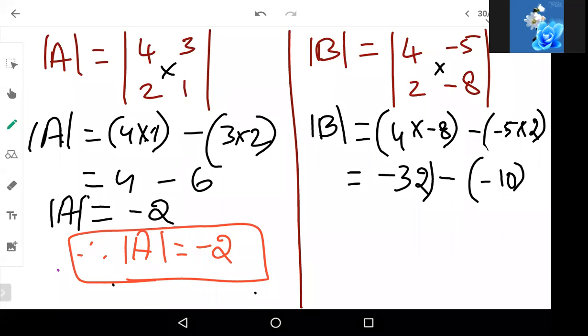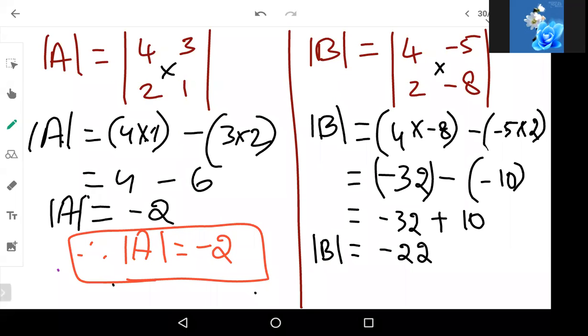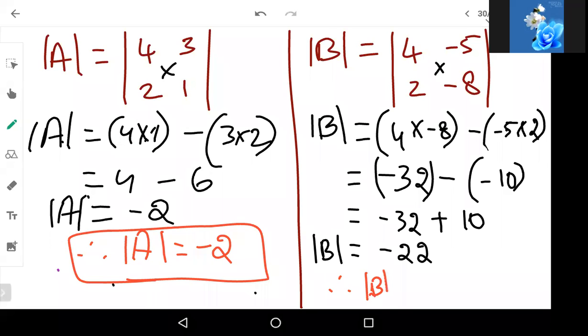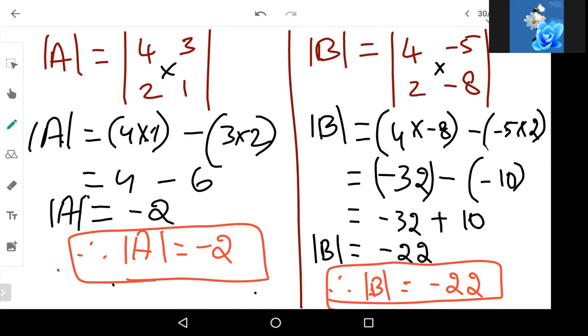So this is minus 32 minus of minus 10. Minus into minus is plus 10. So minus 32 plus 10 will give you minus 22. So determinant B is equal to minus 22. So this is the value of this determinant. Understood? Did you all understand how to solve it?